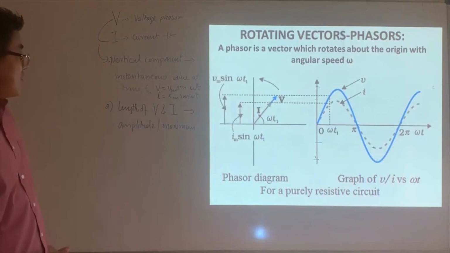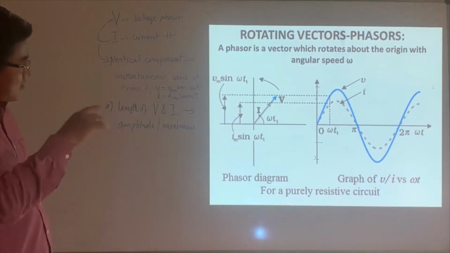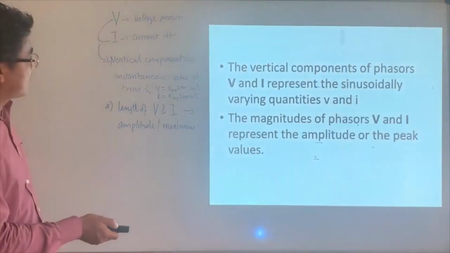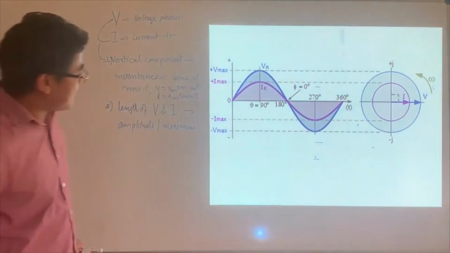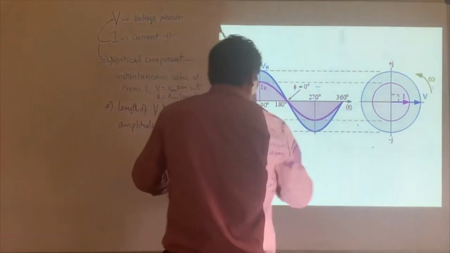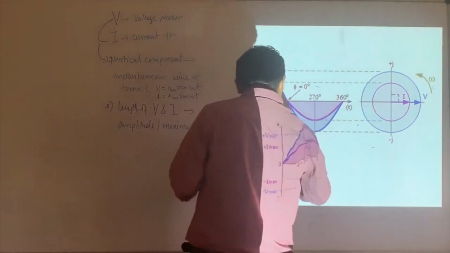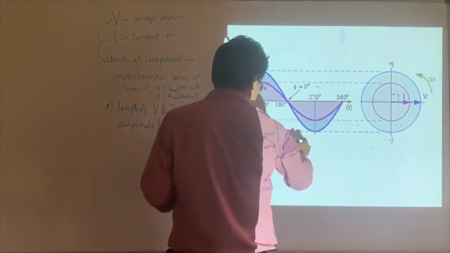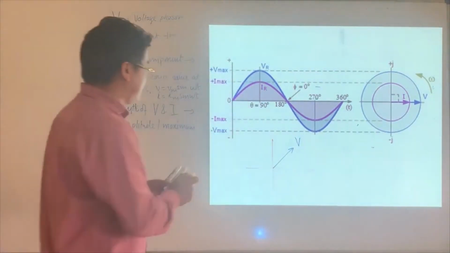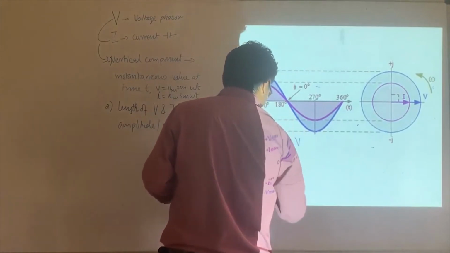Phasor diagram method, right? Phasor diagram method for pure resistor. I'll show you here. I'll represent this, let's say, as a voltage Phasor, and this represents the current Phasor.